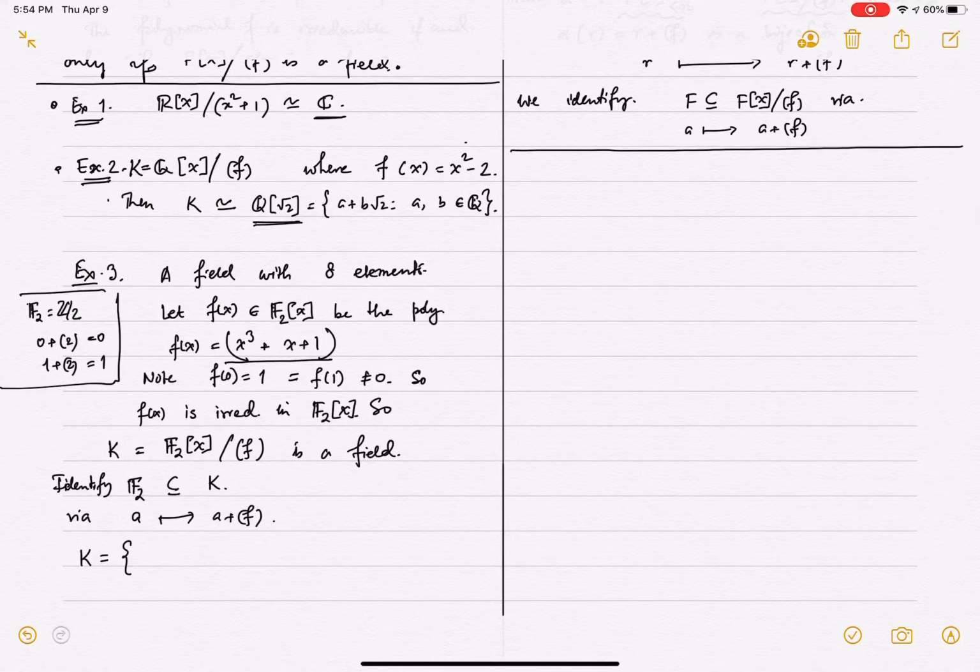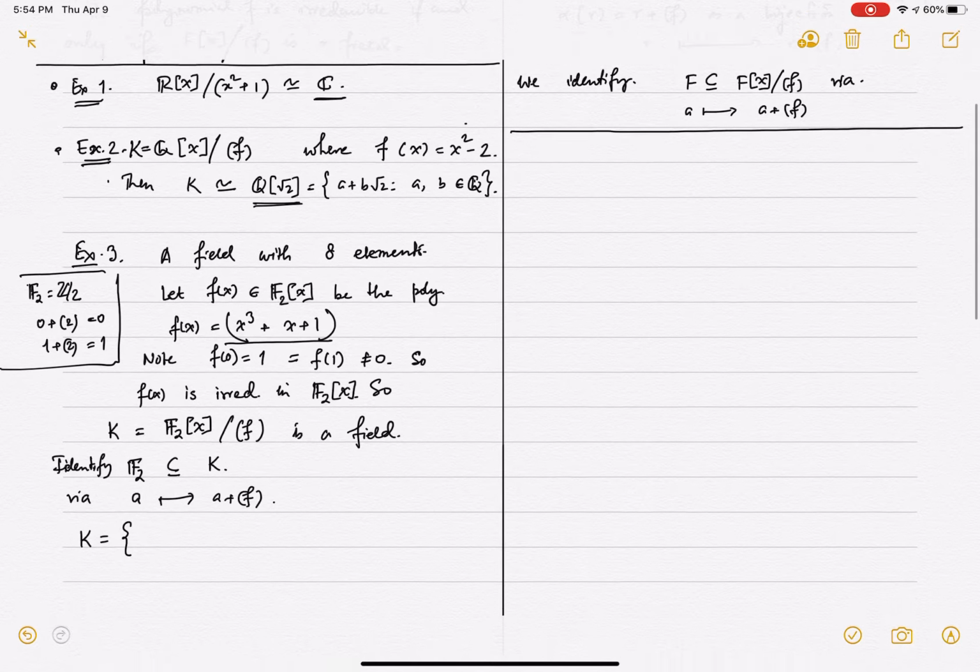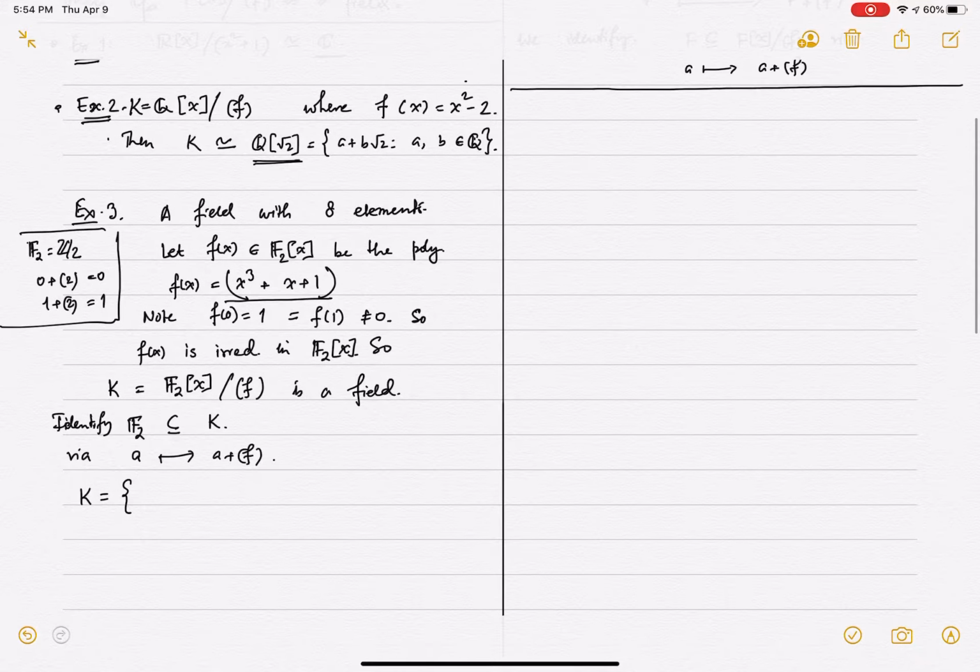So here I have to just take polynomials of degree up to 2. But the coefficients come from F2, so the coefficients can only be 0 or 1. So there are only finitely many polynomials of degree up to 2. What are they? There's 0, there's 1, x, 1 plus x, x squared, 1 plus x squared, x plus x squared, and 1 plus x plus x squared.